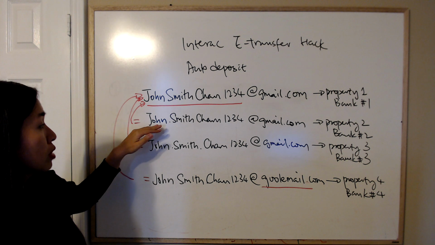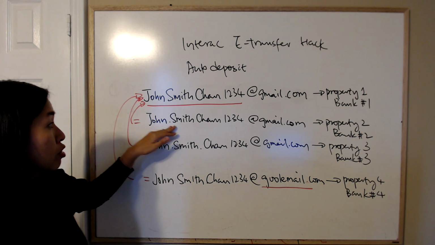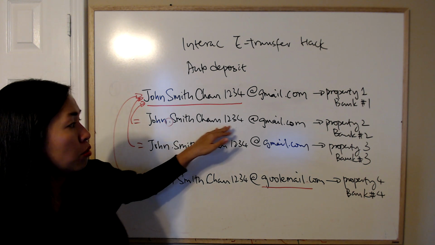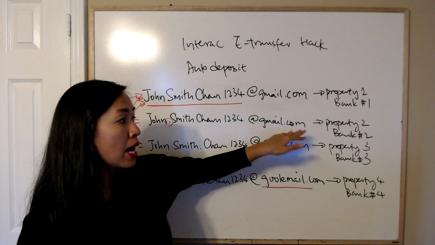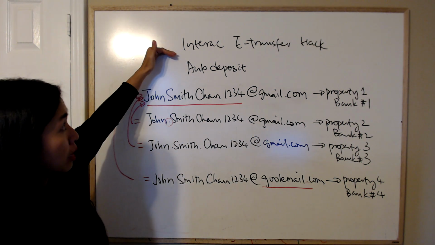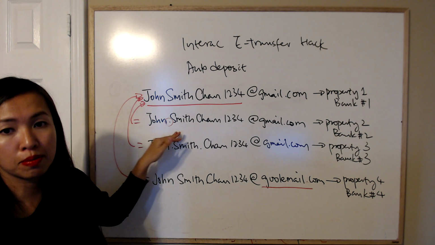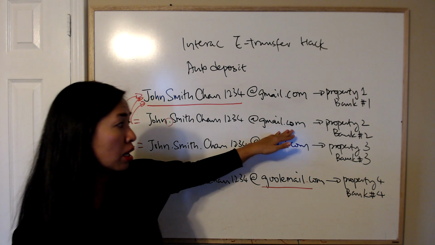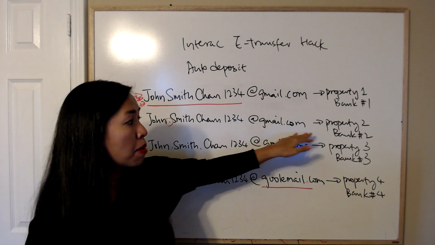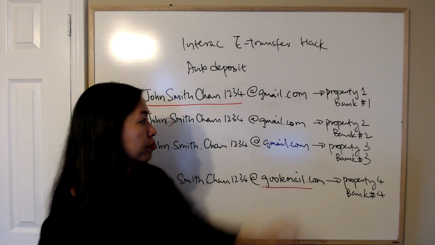Then I would give out the second email to my property number 2 tenants: john.smith.chen1234@gmail.com, don't forget the dots. I also set up the Interac e-transfer auto deposit with this address, and this would deposit the money into bank number 2 for property number 2.